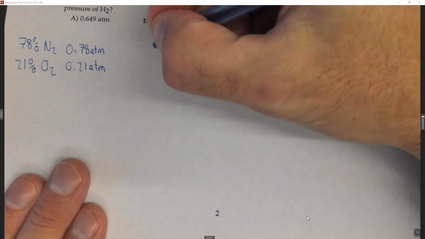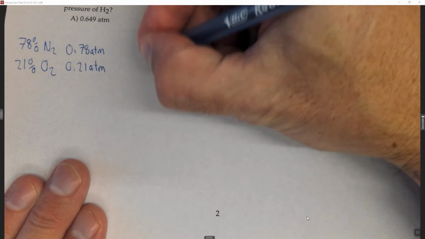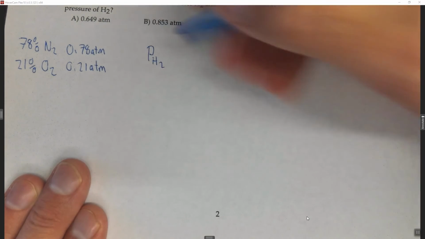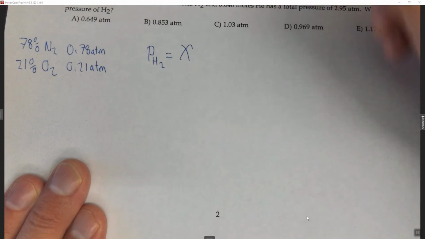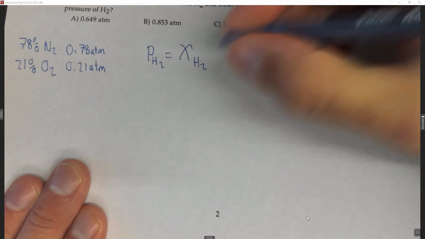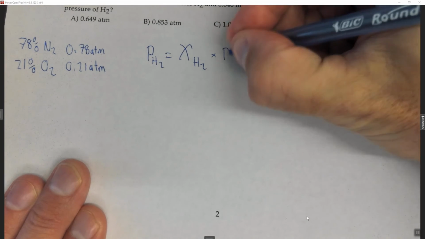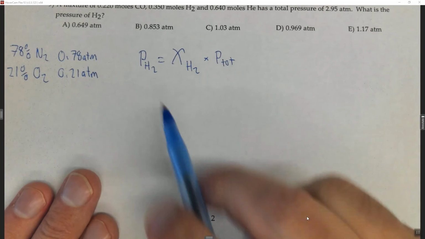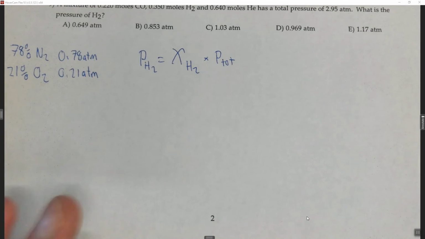So let's look. Dalton's law of partial pressures tells us that the pressure of hydrogen, because that's what this one asks about, equals the mole fraction of hydrogen, a chi, times the total pressure. Okay, now a mole fraction and a percentage are the same thing, except a mole fraction or a fraction is out of 1 and a percentage is out of 100.